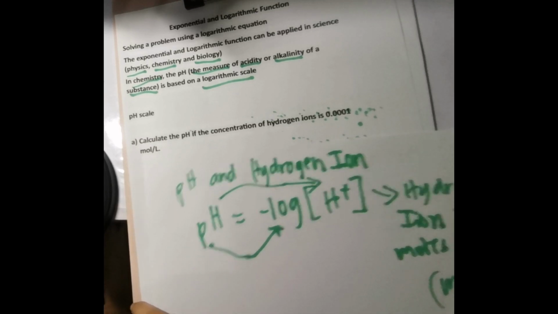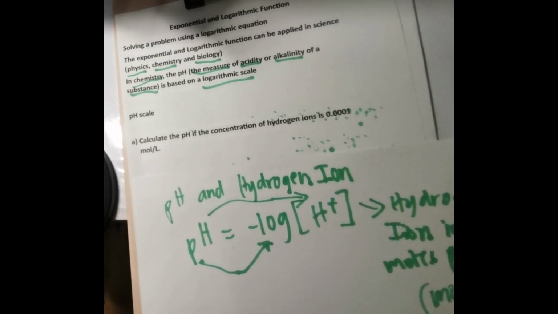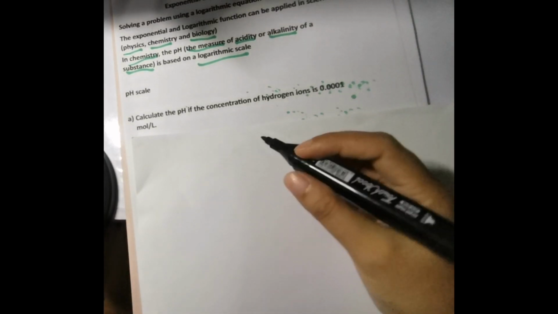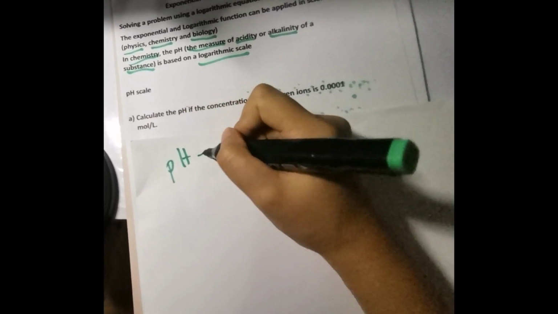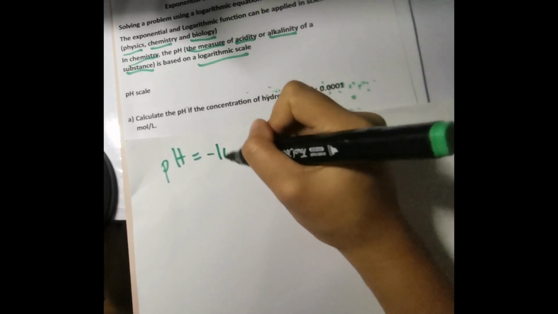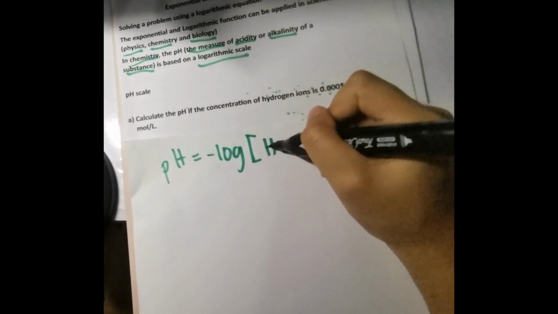So we will have the letter A. Let's read. Calculate the pH if the concentration of hydrogen ion is 0.0001 mole per liter. So to solve this, let's have the formula for the pH scale. We know the formula is pH is equal to negative log H plus.